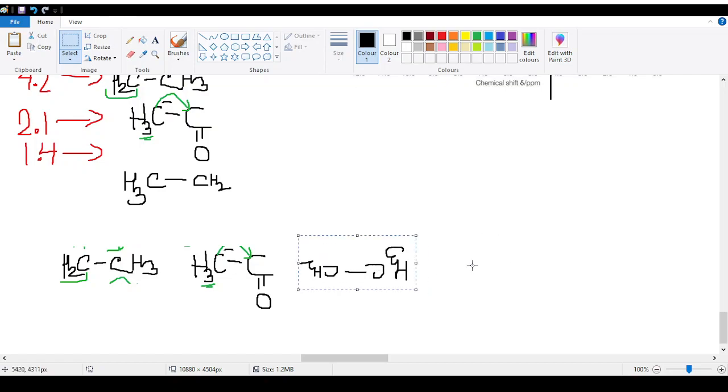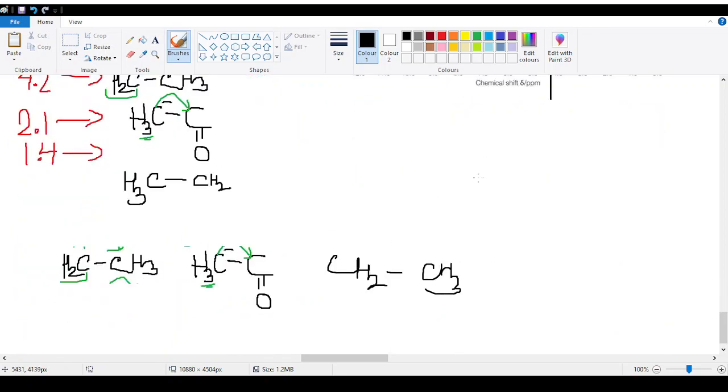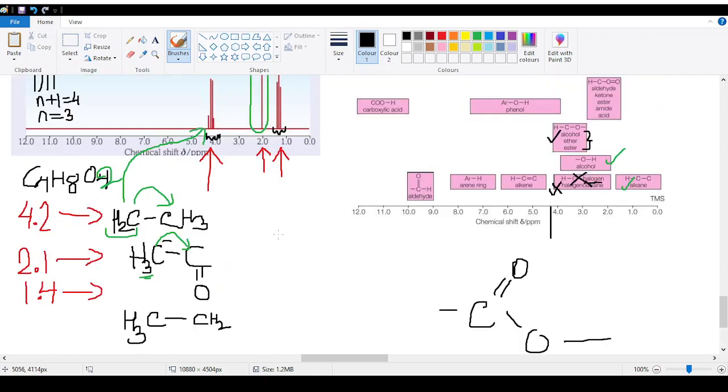So something like CH2 will be on this side, CH2 on that side. And how many oxygens were there in the compound that they told us? Two oxygens, right? That means it could be an ester, because we know an ester has the functional group COO. Like this. So maybe this is joined to another oxygen and so on. This could be a structure.